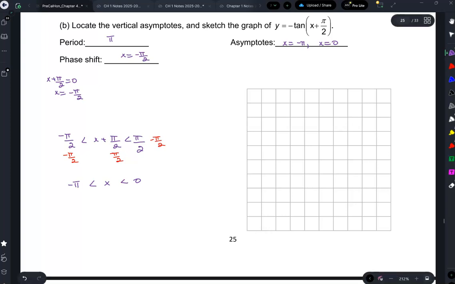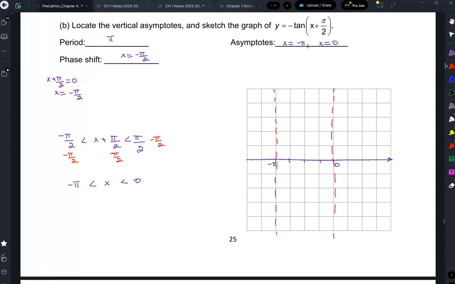Yeah. Okay, so here we go. Negative pi, 1, 2, 3, 4, 0. Asymptote. What's smack in the middle where the blue is?